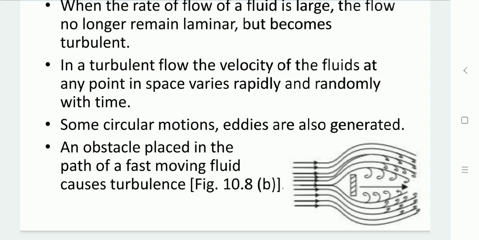Like the smoke rising from a burning stick of wood, ocean currents, these are turbulence. Twinkling of stars is due to atmospheric turbulence. Waves in the water and air left by cars, aeroplanes and boats are the results of turbulence.